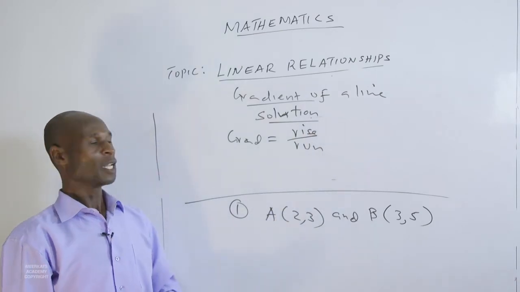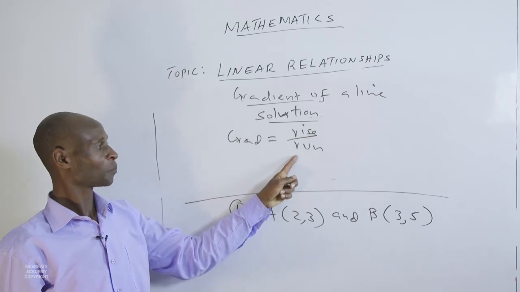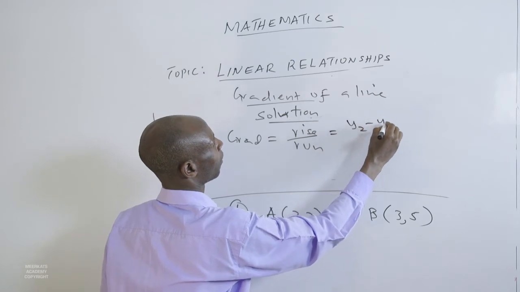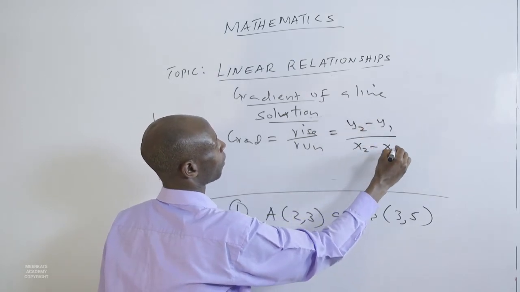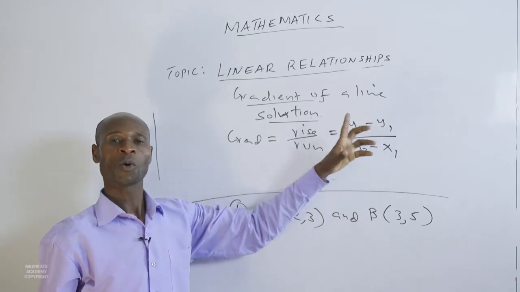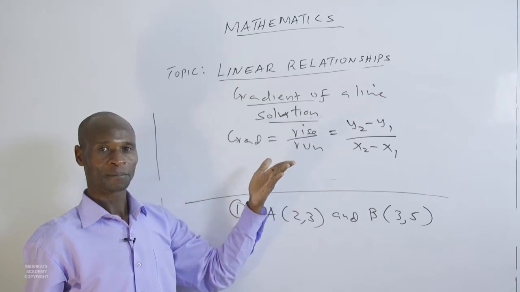We apply the formula, gradient is rise over run. The rise is y2 minus y1 because that is the distance between 2 points vertically.